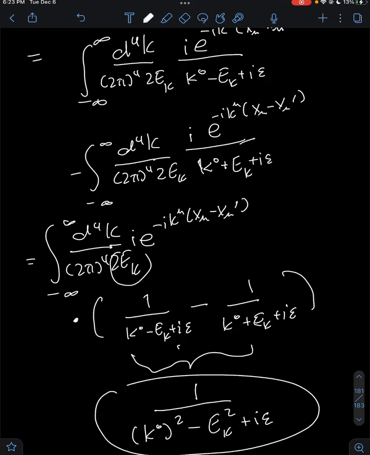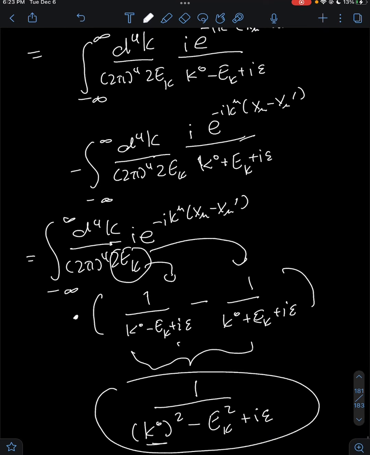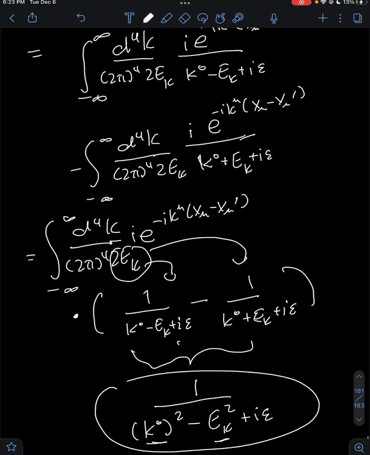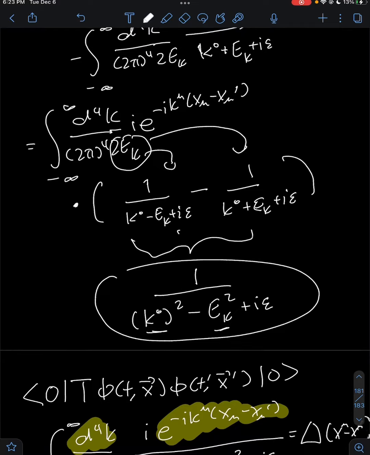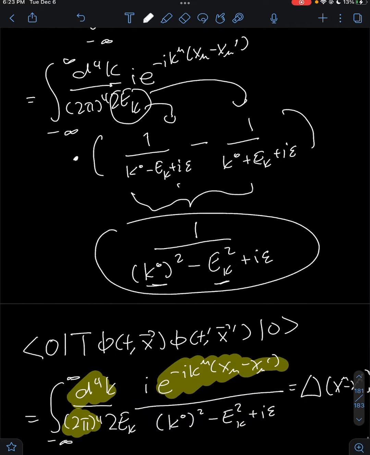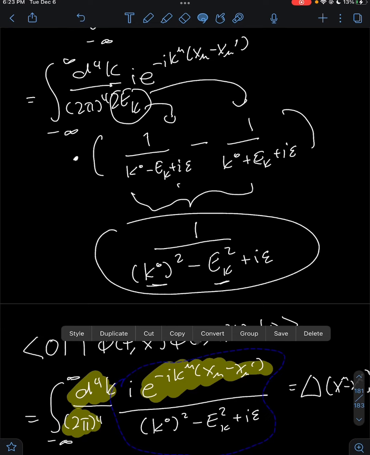If we distribute the 2ek inside of here, that's how we get that e squared k term in there. So doing that, we now have that the Feynman propagator is going to be this over here. There should be no 2ek. It's going to be this right over here. And that is our answer.